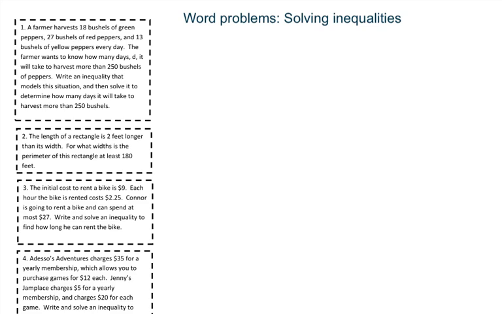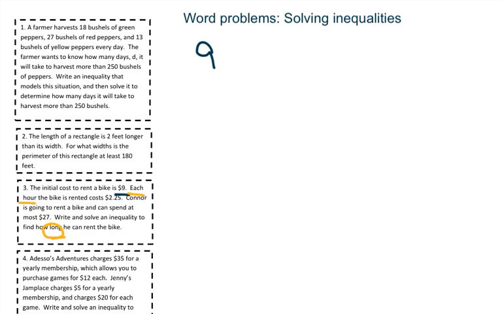So we know that he has to pay $9 up front, and then each hour costs $2.25, and the question says to find how long. So we're looking for the number of hours, which means hours is our variable.